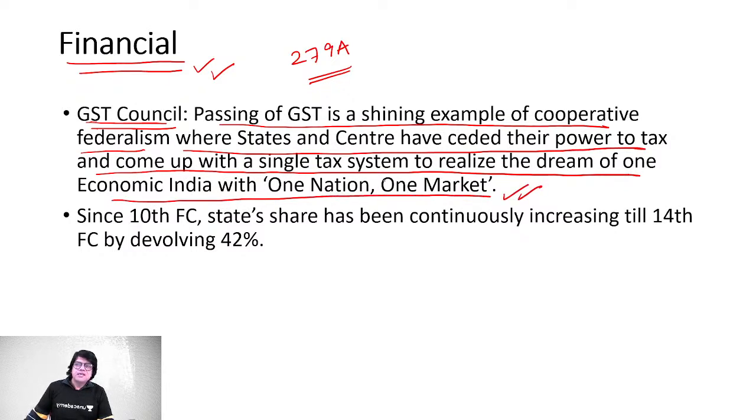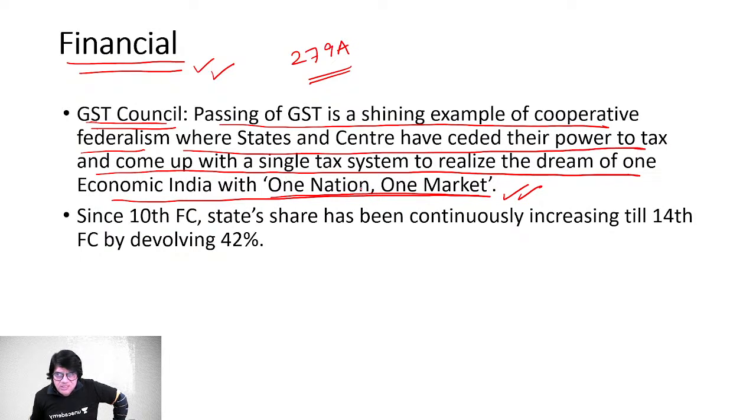So you see that we can work towards a stronger India, a better India, with this great idea of one nation, one market becoming a reality through goods and services tax, and the exemplary cooperation which has been shown by our states with the union in GST.